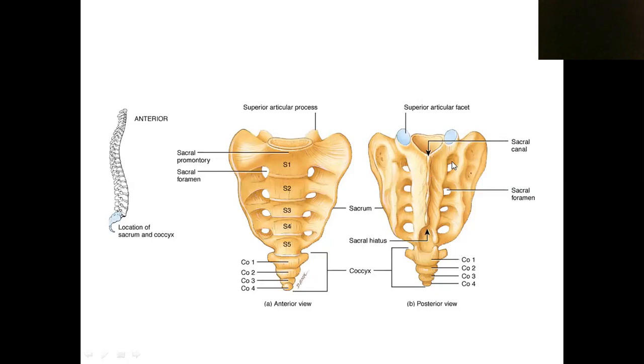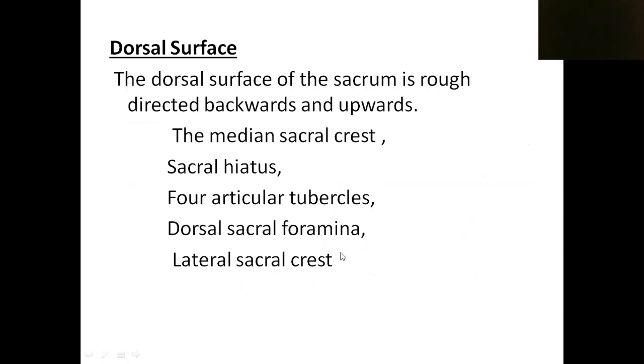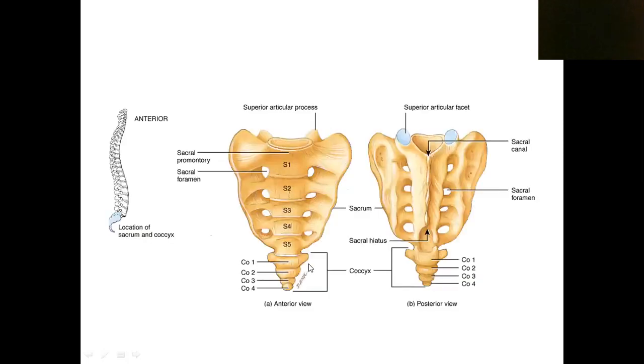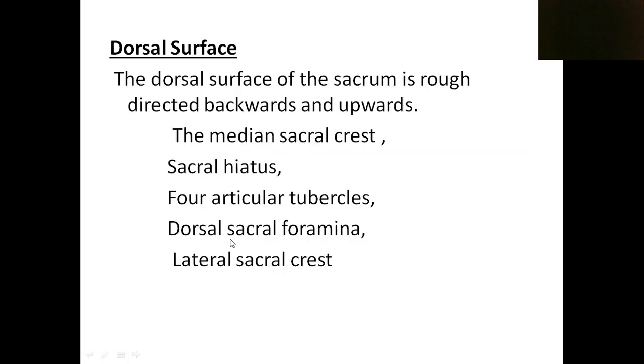Lateral to that, we have the dorsal sacral foramina. Then lateral to that, we have another crest, the lateral sacral crest. So: median sacral crest, sacral hiatus, tubercles, sacral foramina, and lateral sacral crest. Those are the features of the dorsal surface. So the dorsal surface is also clear.